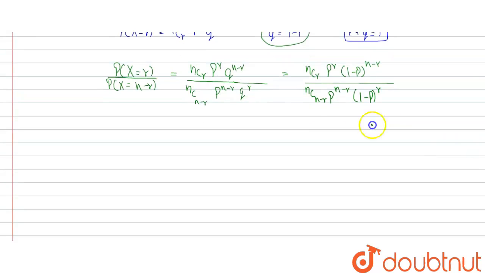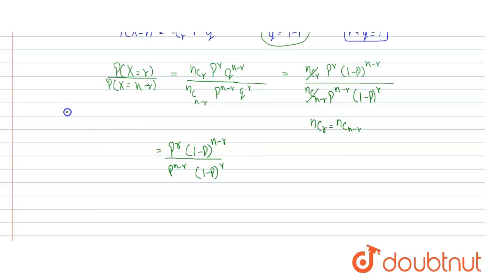Now what we know is that nCr is equal to nC(n − r). Using this we can cancel them, and we get the remaining part as p to the power r into (1 − p) to the power n minus r divided by p to the power n minus r into (1 − p) to the power r.